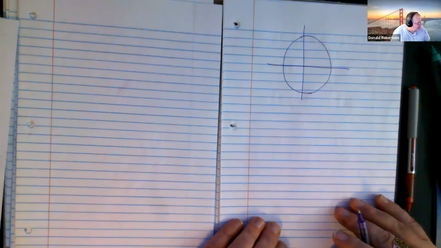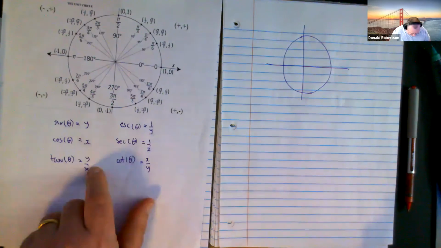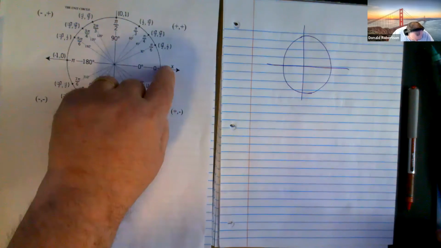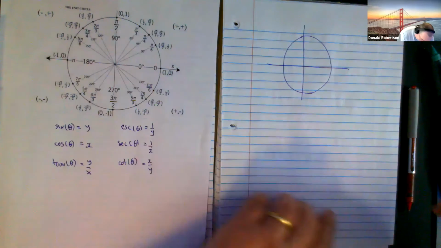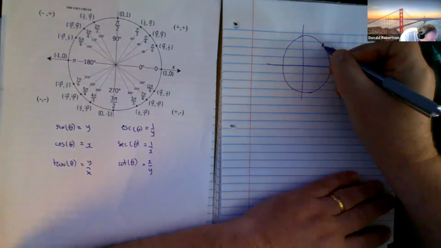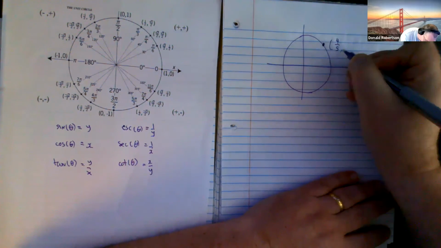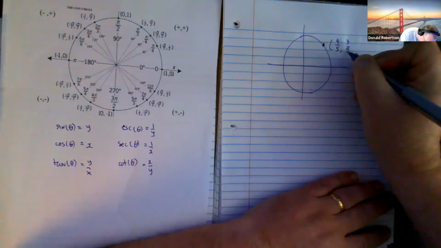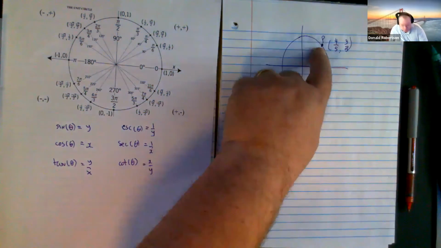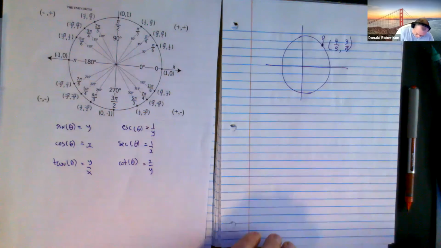Well, what do you do if you have a unit circle, and you want to know what the sine, the cosine, one of these is, but I don't tell you the angle? All I tell you is the coordinates of a point on the unit circle.